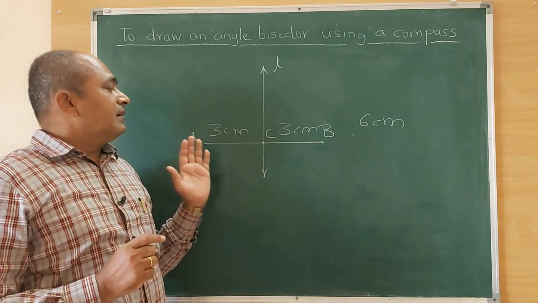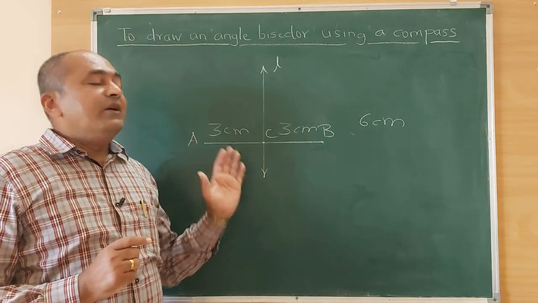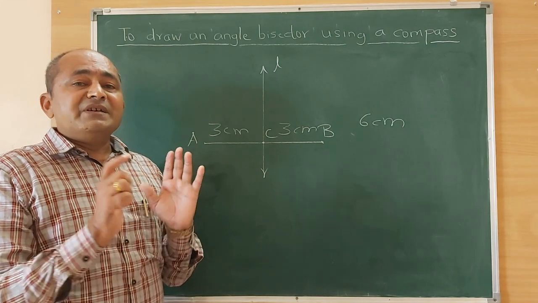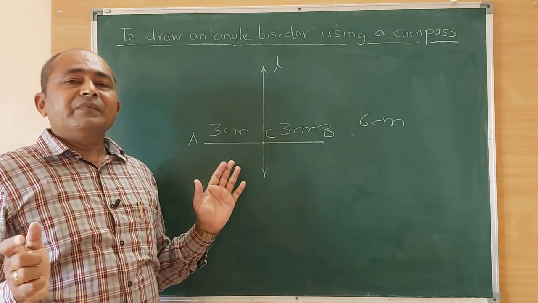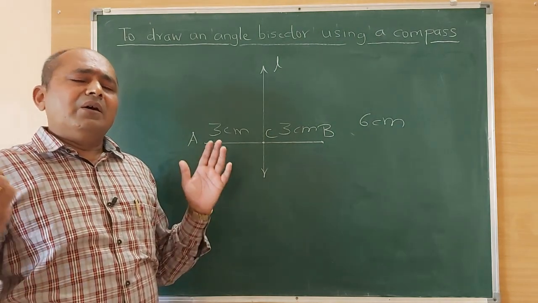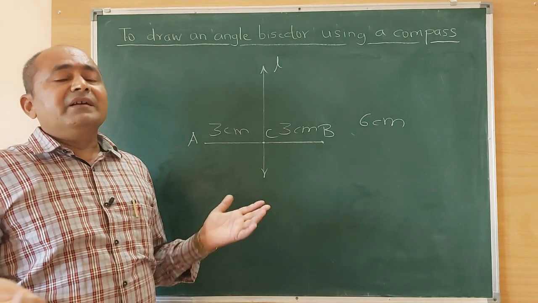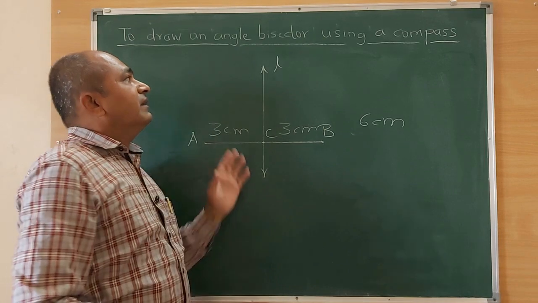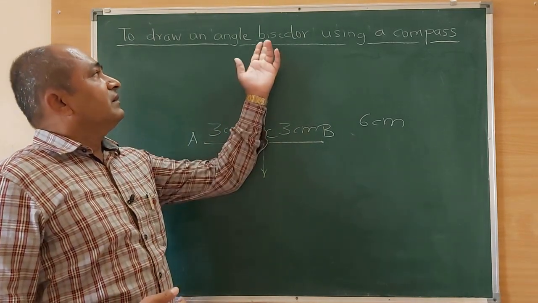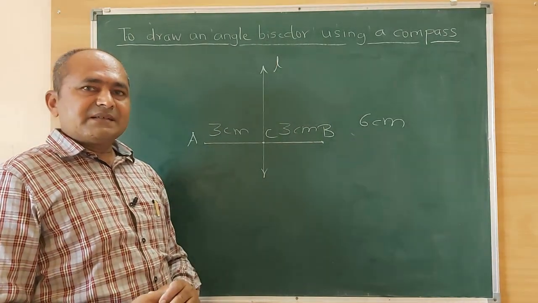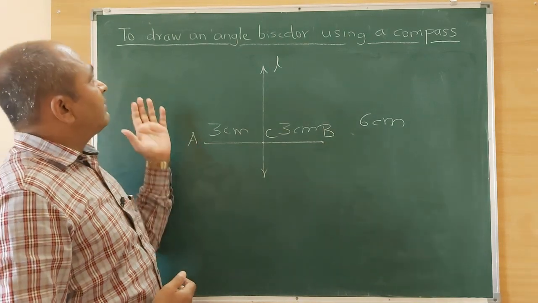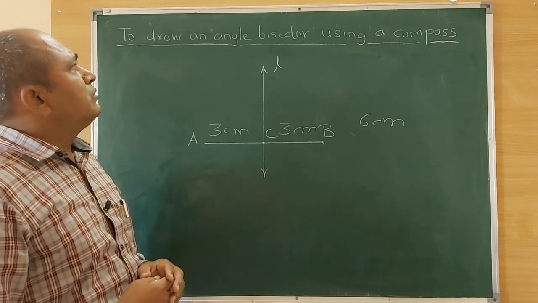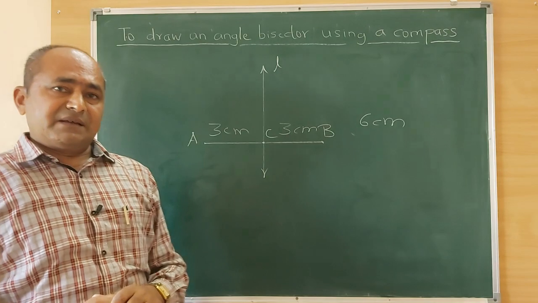Means a line or a ray or a segment which divides an angle or a line segment is generally called a bisector. So I hope the meaning of bisector is clear to you. So today we will see how to draw an angle bisector.